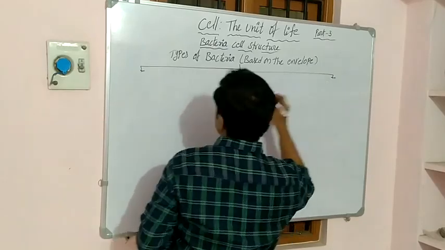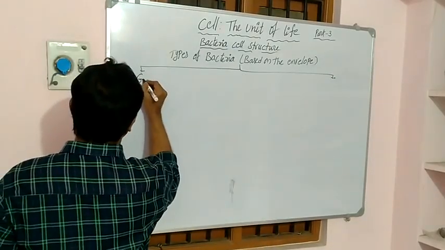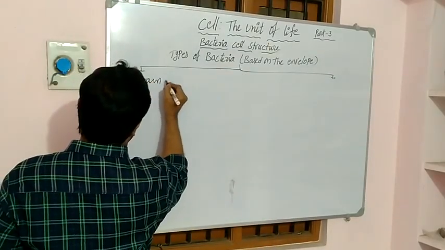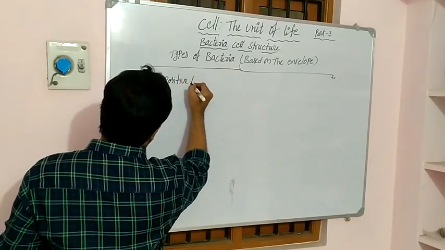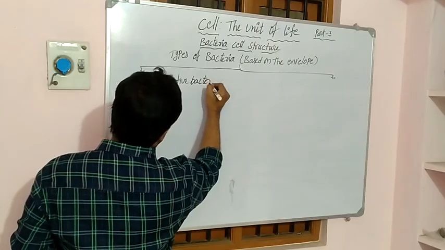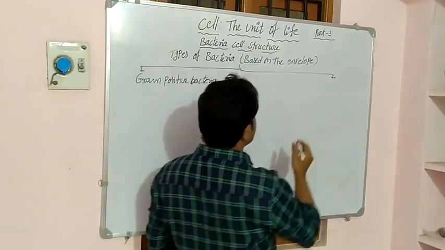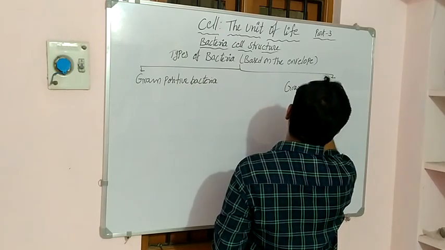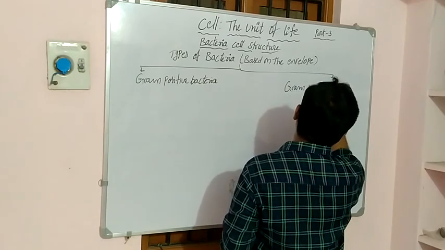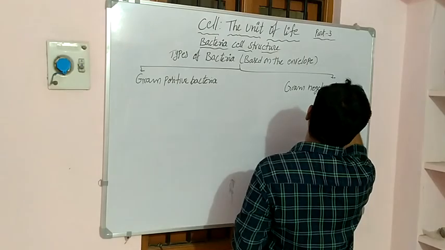The first is gram positive bacteria, and the second type is gram negative bacteria.